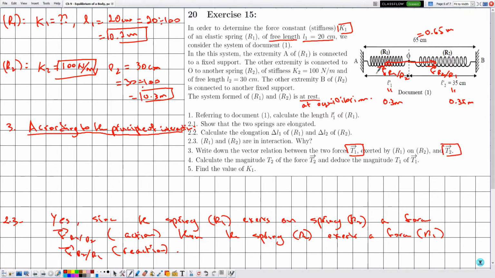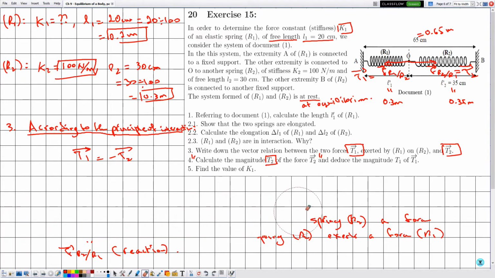So this is T1 and this is T2. Then T1 is equal to minus T2. And these are actually the tension forces. T1 and T2 can be calculated using Hooke's law. Now in number 4, they are telling me to calculate the magnitude of the force T2. So let's stick to this part of the question.